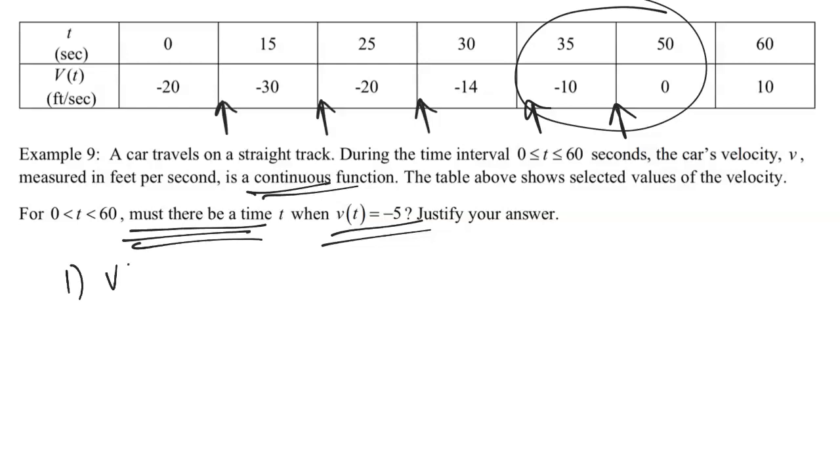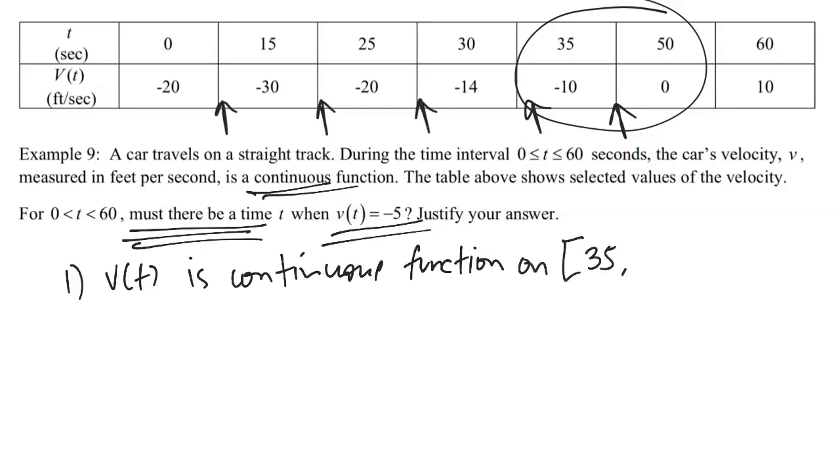So here's what I'm going to say. V of t is a continuous function. And I'm going to say very specifically here on the closed interval from 35 to 50. Those are my two x values on that little sub-interval right there.